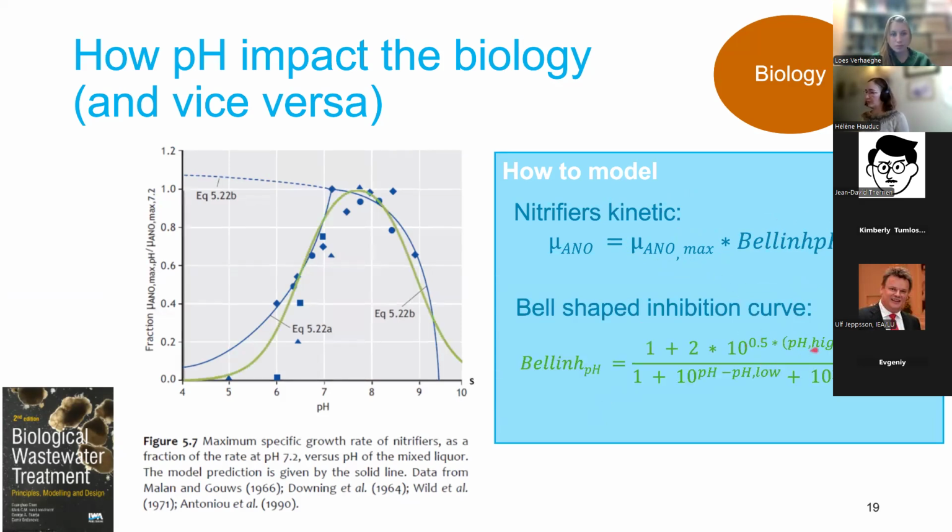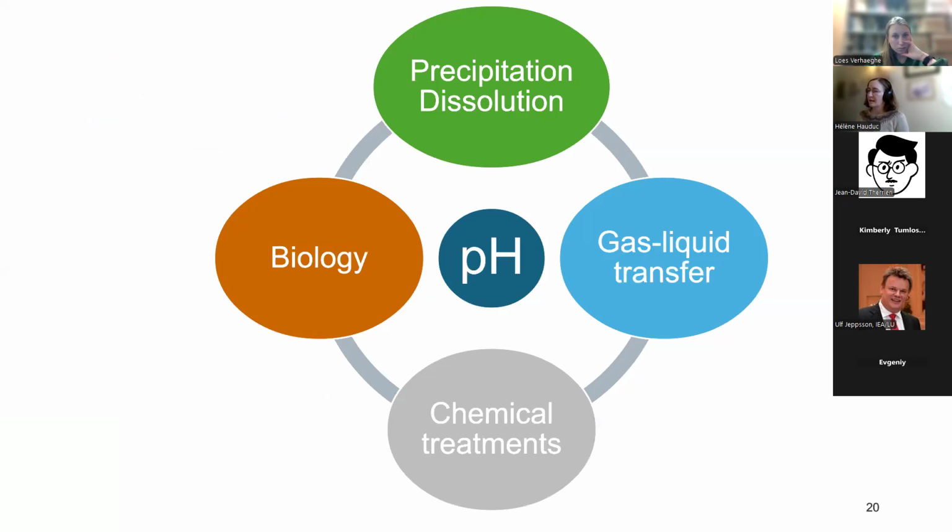It depends on two parameters, pH low and high, and it depends on the actual pH that is calculated by the equilibrium model. And we can see this green curve on the graph that pretty well fits those data with this bell-shaped inhibition curve.